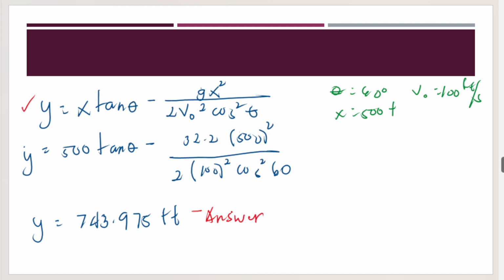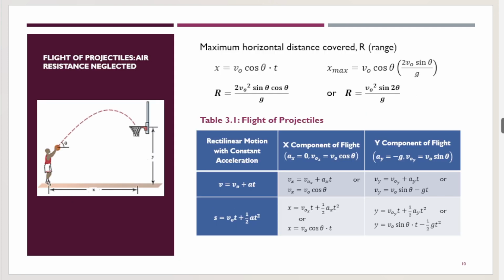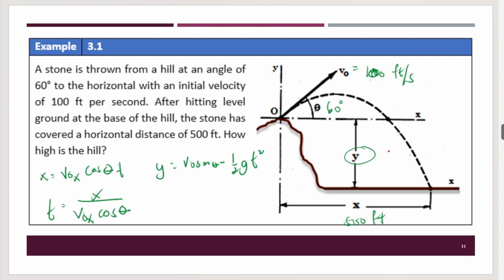Okay? So, going back with the illustration, lumalabas pala, ito ay nasa 743.975. O, ganyan kataas yung hill, assuming na nag-throw ka ng stone at bumagsak at to this point na may distance na 500 feet measured, no, from the point of reference mo dun sa hill.